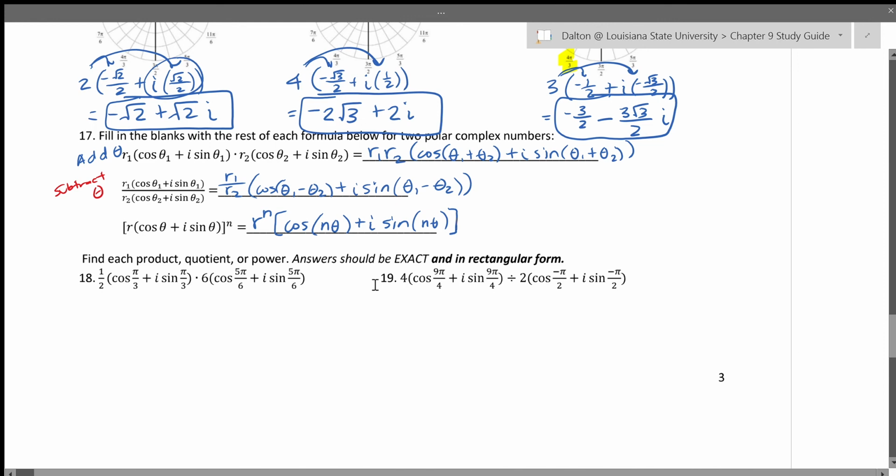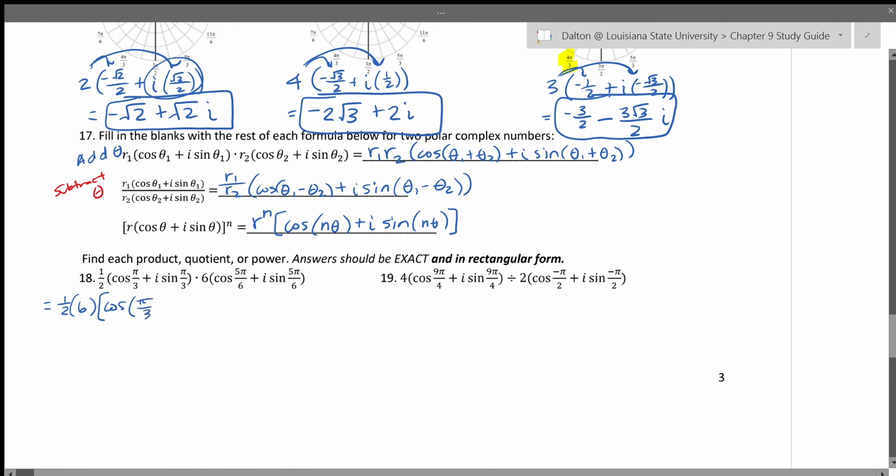So for number 18, notice I've got a multiplication problem going on here. So the first thing we're going to do is multiply the r's out front. That's going to be 1/2 times 6, times, the format's going to be the same. It's going to be the cosine plus I sine, except because we're multiplying, we're going to add our thetas.